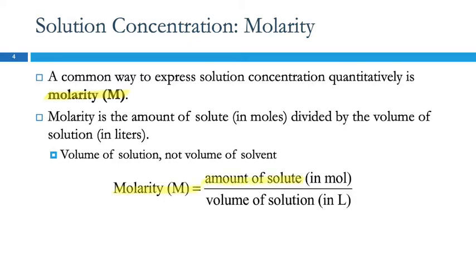Molarity is the amount of solute in moles divided by the volume of solution in liters. And so the units of molarity are moles per liter. We'll see some other concentration units where they talk about the volume of the solvent, but molarity is the volume of the whole solution.